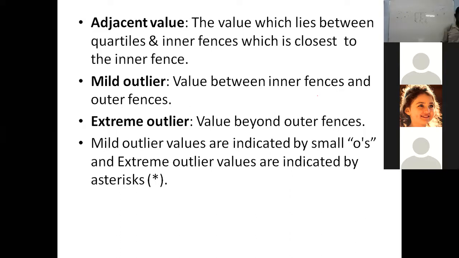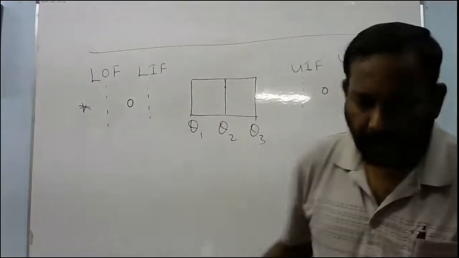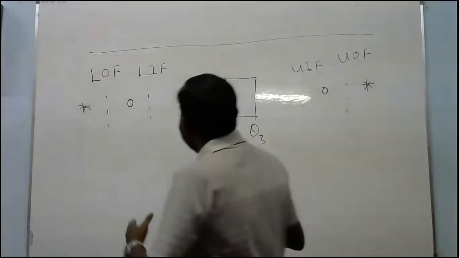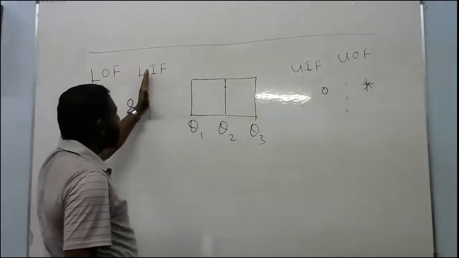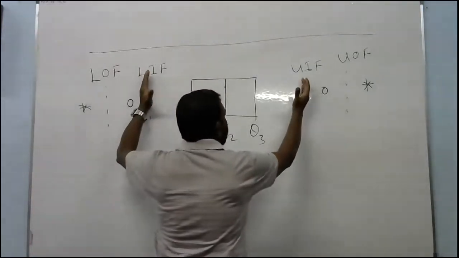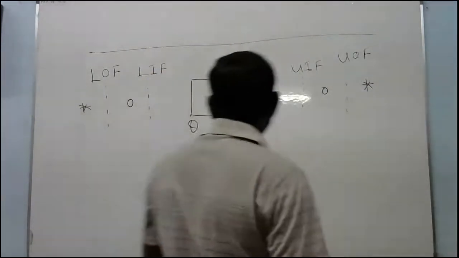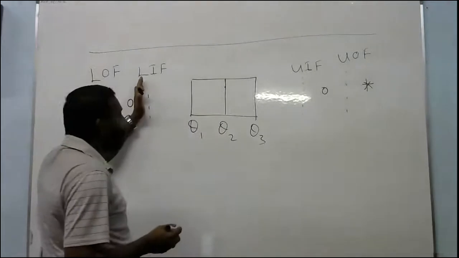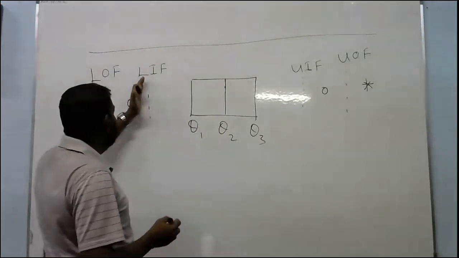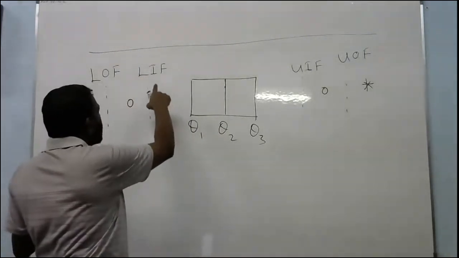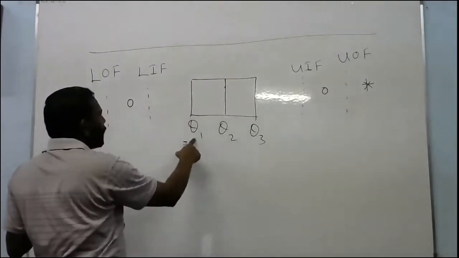So the value between the quartiles and inner fence, which is closest to the inner fence. In other terms, for example, this is the inner fence, whether lower or upper. Adjacent values are in between the inner fences and the quartiles.